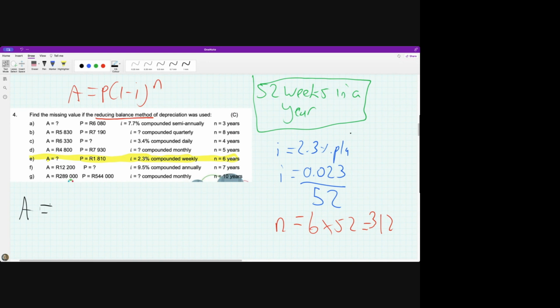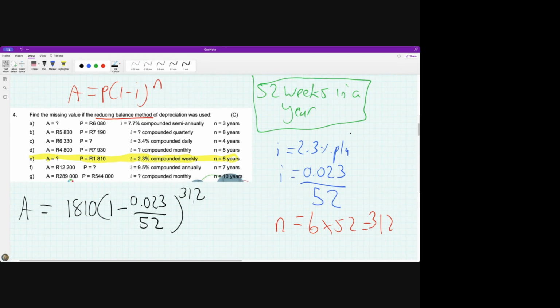Thank you, Machadiso. Sunday's also got a vote in there. It's looking pretty likely. Let me make sure I just check this. So 1810 times, 1 minus 0.023 divided by 52, to the power of 312.